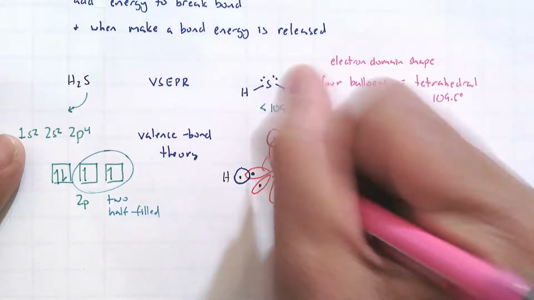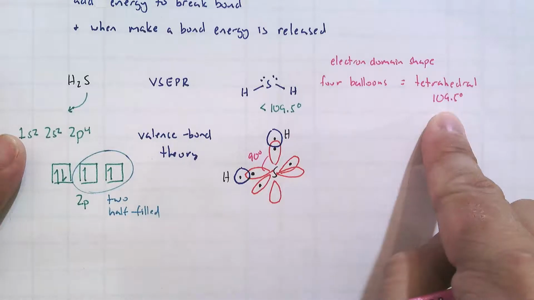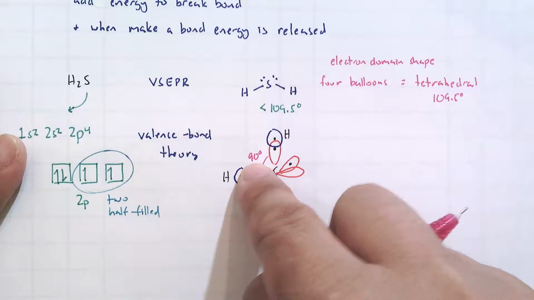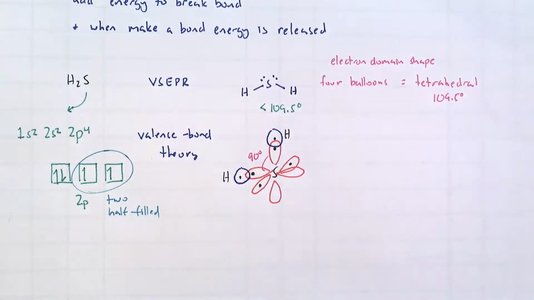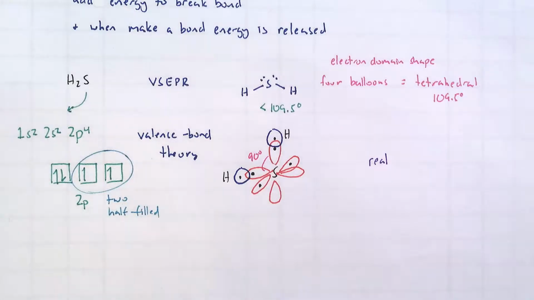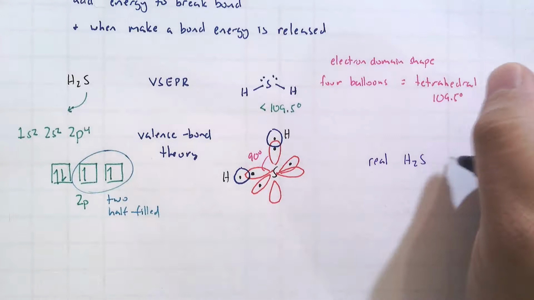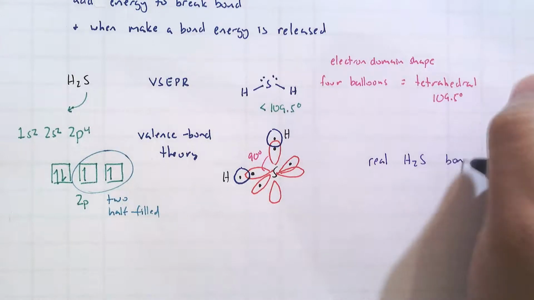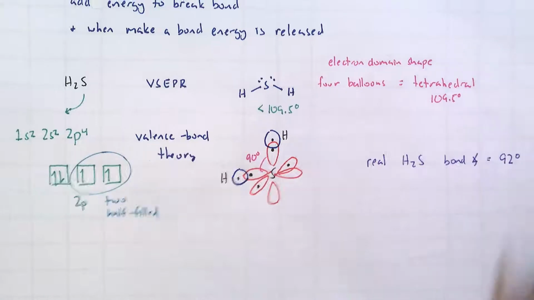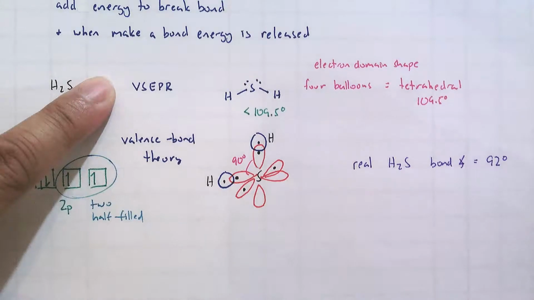That's a right angle. This is 90 degrees. So it's not 109.5. It's not even slightly less than 109.5. It's 90 degrees. In real life, when they do measurements, H2S has a bond angle equal to 92 degrees. So it's closer to valence bond theory than it is to VSEPR.